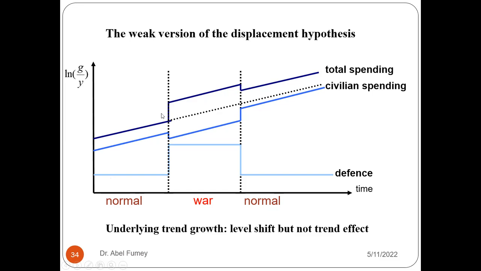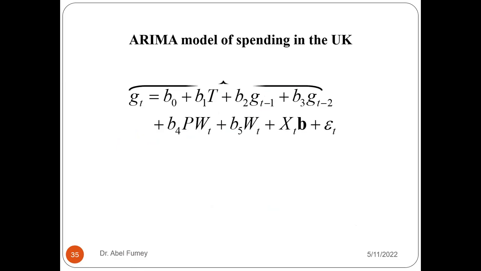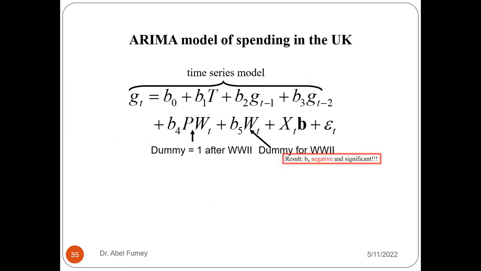We will also see an increase in civilian spending, and we will see an increase in the total spending of the economy as well. So there's always a trend, a growth in the total spending of the economy. Okay. This is a Roman model. You don't really need this.